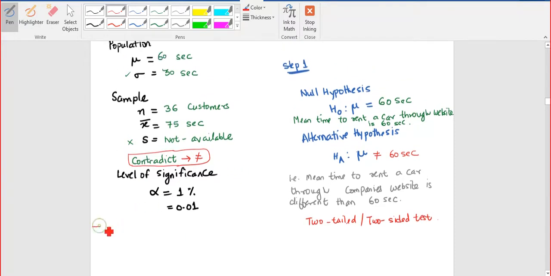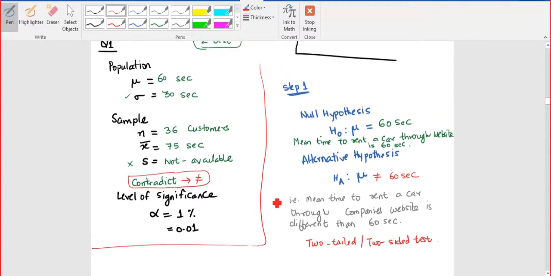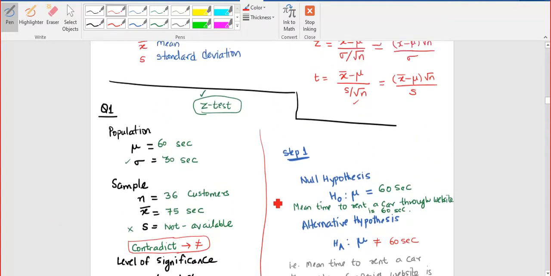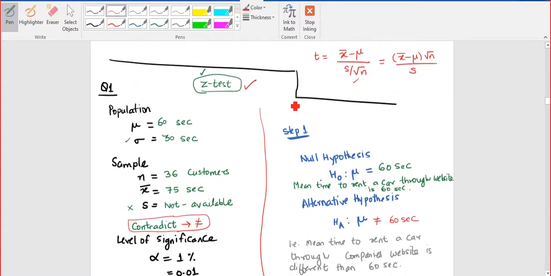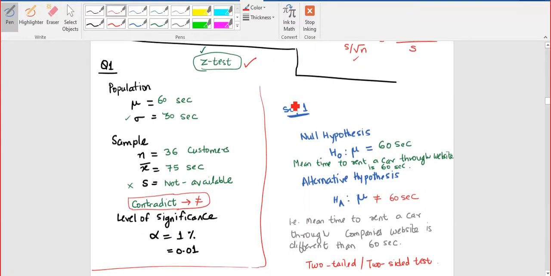Now, what is the next step? After getting this information, we need to calculate the test value. Now we know that it is a z-test, so we will be using this formula.